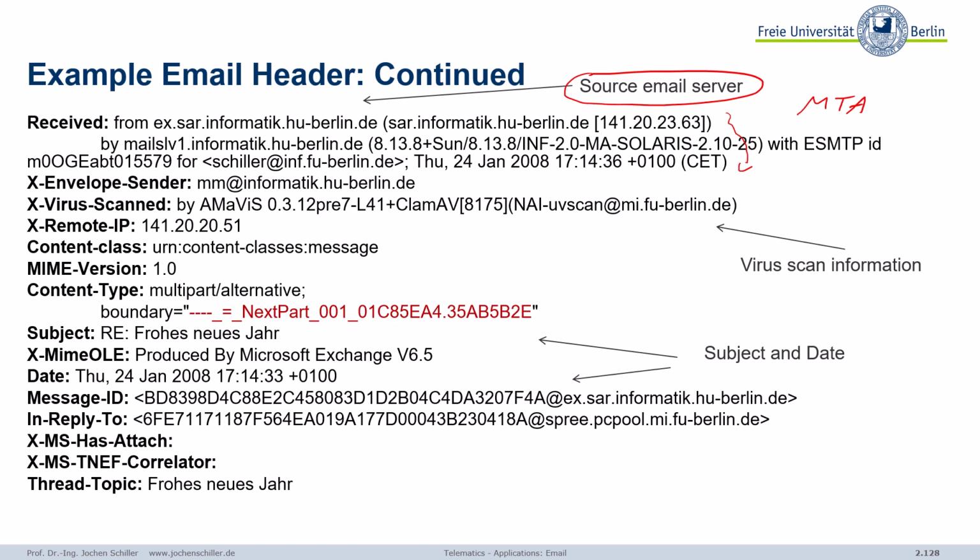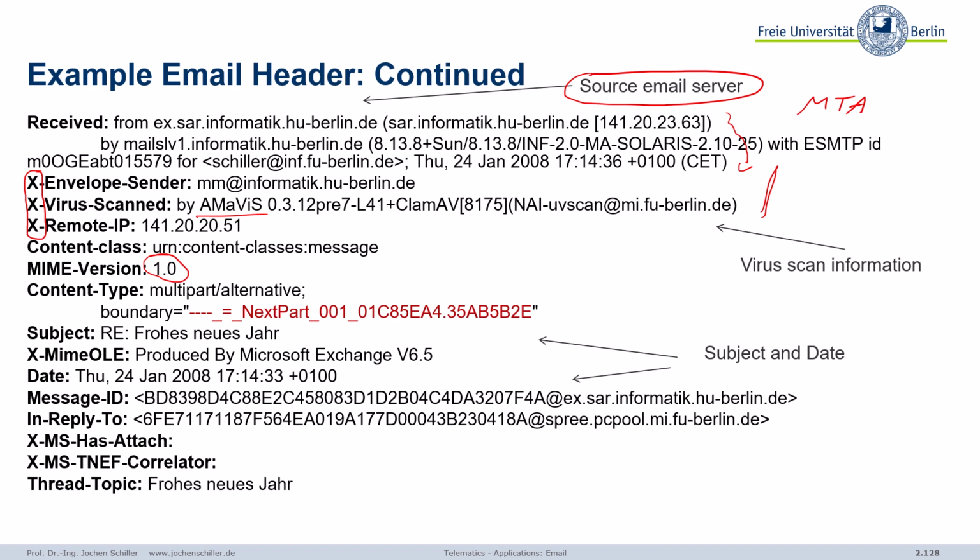Then we have some more information here in the header. This is now special stuff. You always see these X headers. These are extensions for special purposes, could also be proprietary purposes, for example, a virus scanner that checked something, etc. Then you see MIME, multipurpose internet mail extensions. What does it mean?